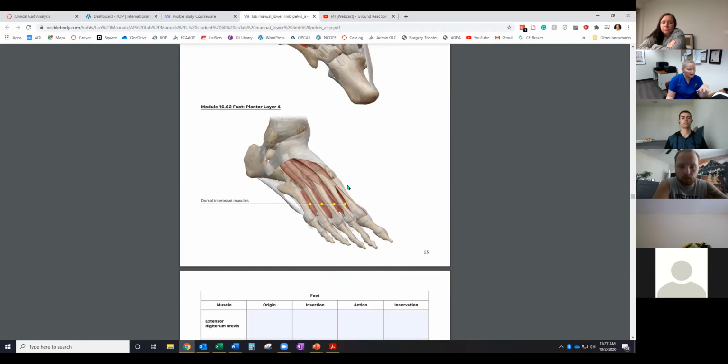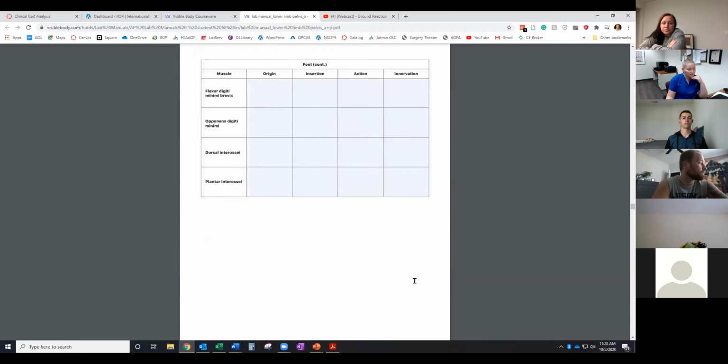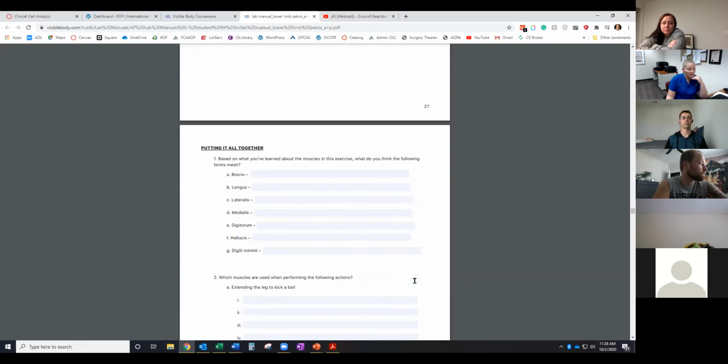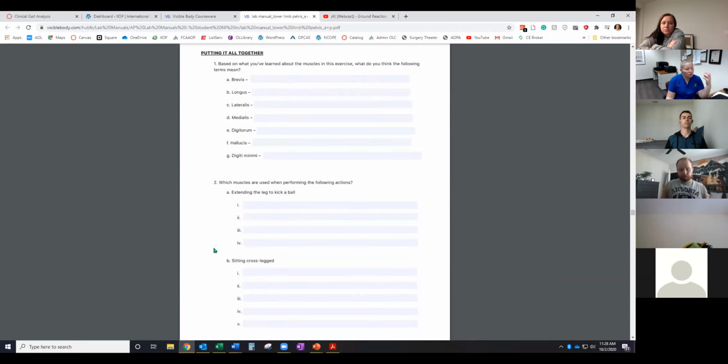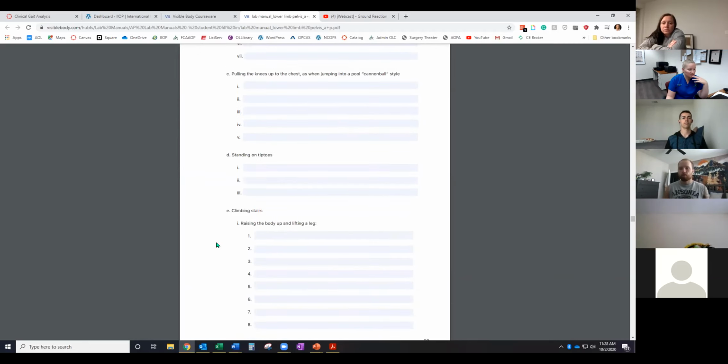So it's very basic, so you don't have to worry about a lot of these little tiny muscles. And then, like I was asking you before, things like root words like brevis, longus, digitorum, and hallucis, starting to pull those out of the muscles will help you understand where they attach and things like that.